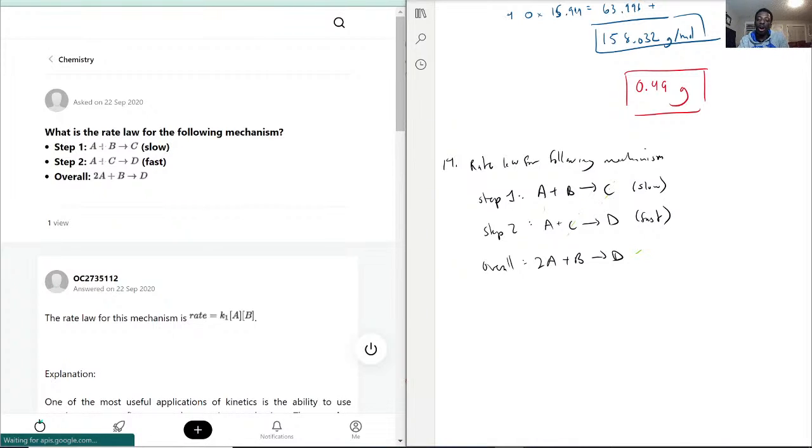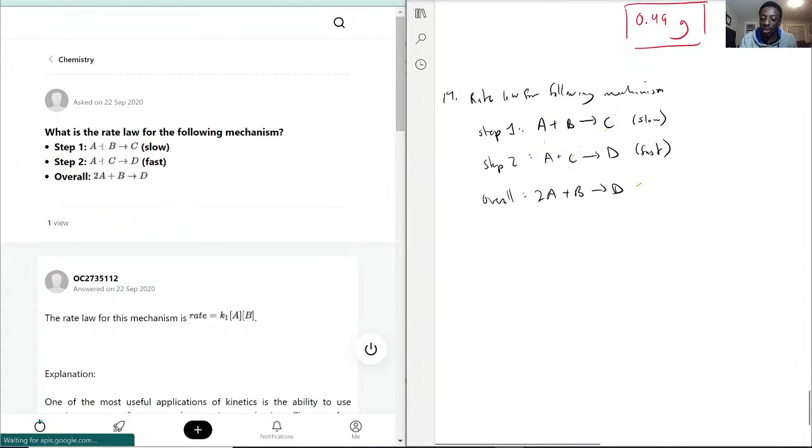Our rate law typically is going to be rate equals k times the reactants, each to the power of whichever value. That is just a structure for the rate.